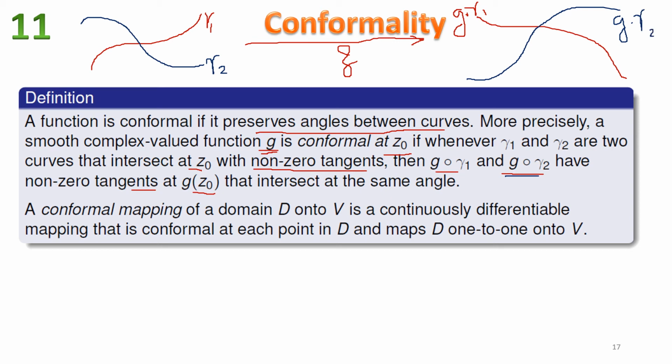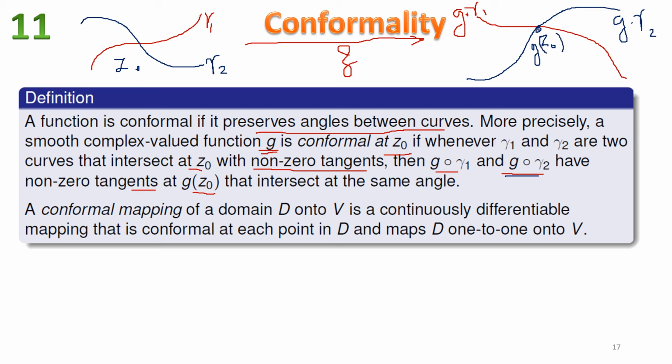Now these two curves are intersecting at a point z0. z0 is the point of intersection of these two curves. This is the point z0 and this point will be g of z0.